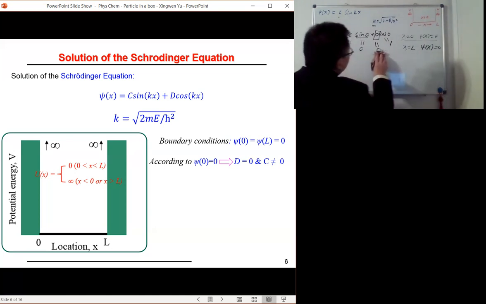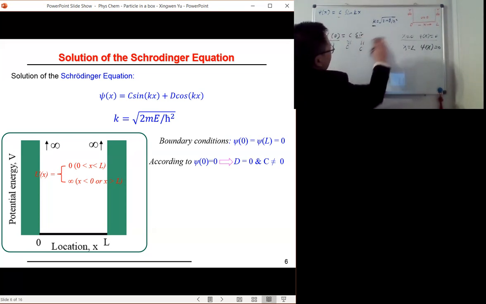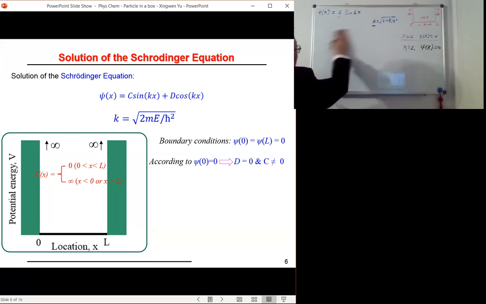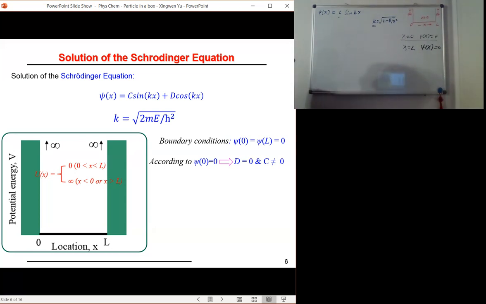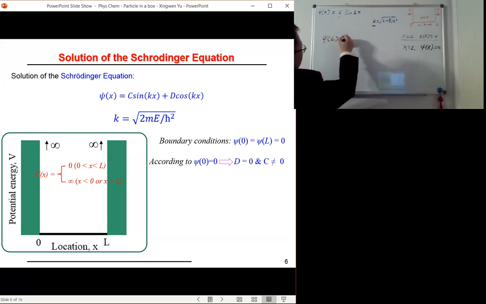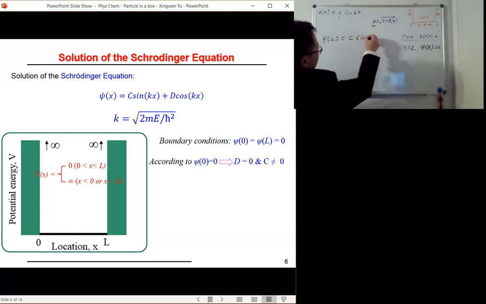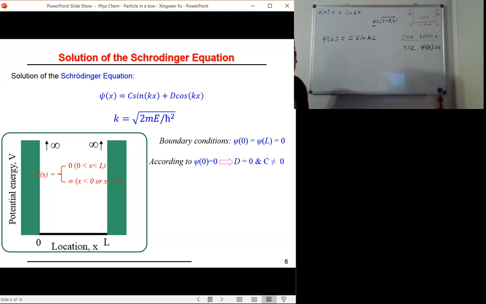Now let's apply the second boundary condition. The second boundary condition is psi L equals C sine KL, right?